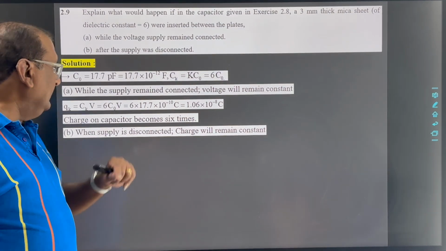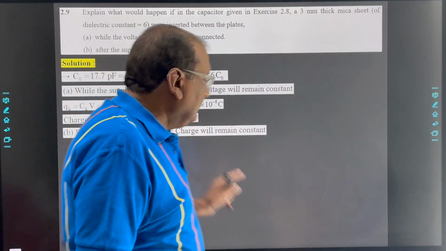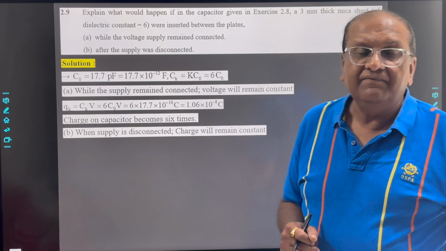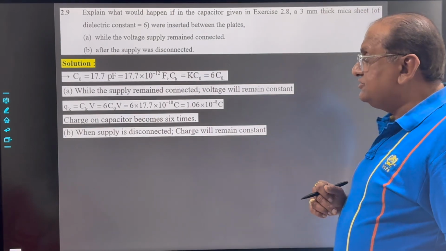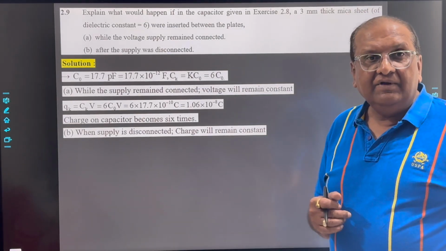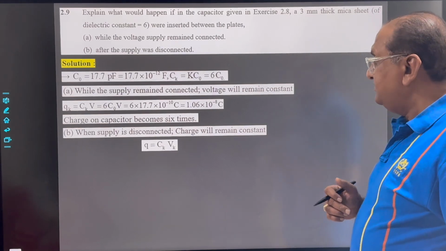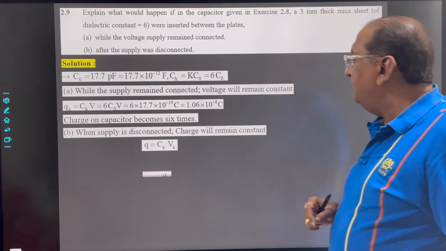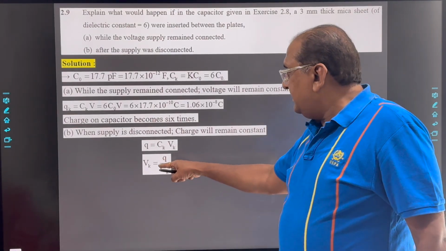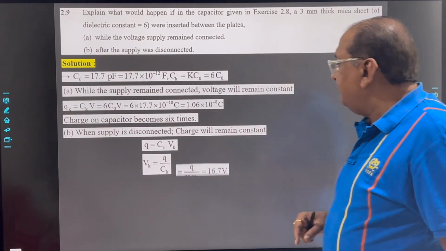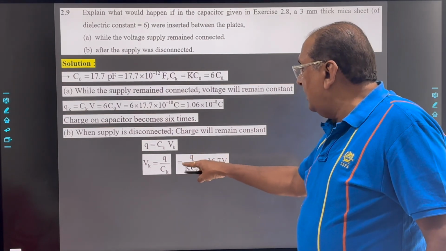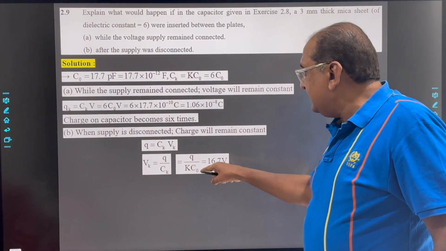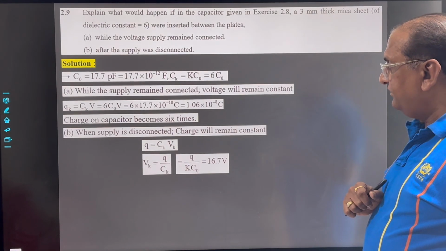Now when supply is disconnected, then charge will remain constant. If charge remains constant, then potential difference will change. Now Q is equal to Ck into Vk. So Vk is Q upon Ck. Now Q upon Ck is Q upon K C0. Clear?